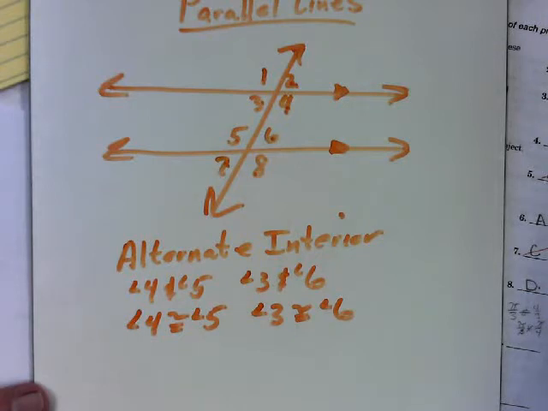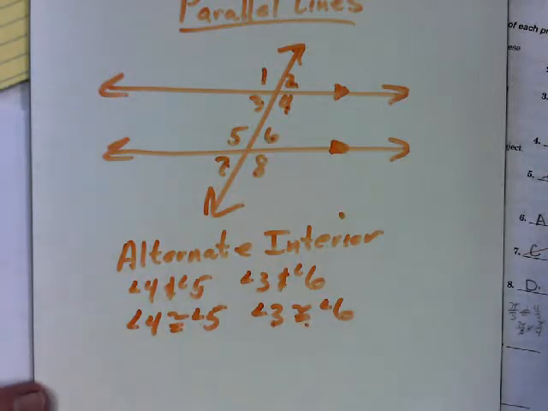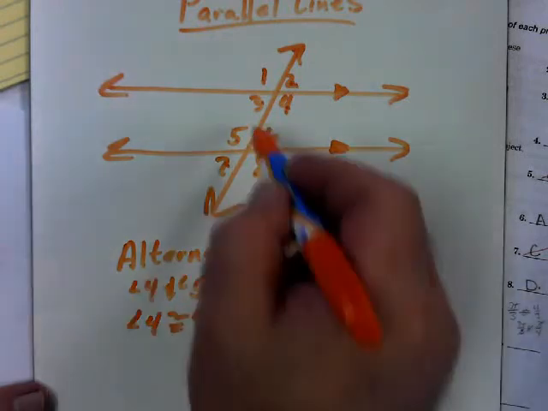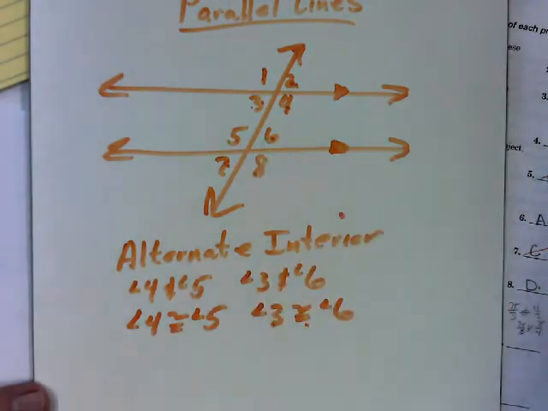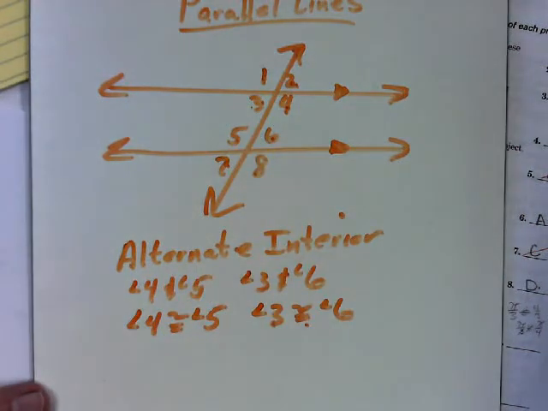So alternate interior angles are congruent if you have two lines cut by a transversal, and those two lines are parallel. Alright? Simple enough? So if I said angle 3 was 60, could you find angle 6? Yep, you sure could, because I said angle 3 is congruent to angle 6. So if this was 60, what would 6 have to be? 60. What would angle 5 have to be? Whatever angle 4 is.